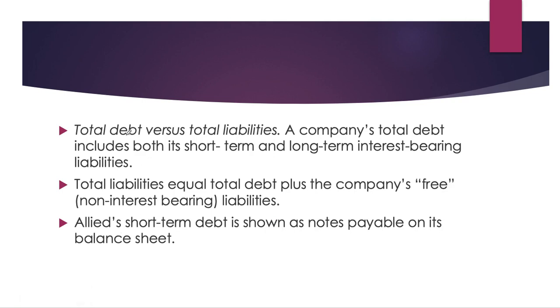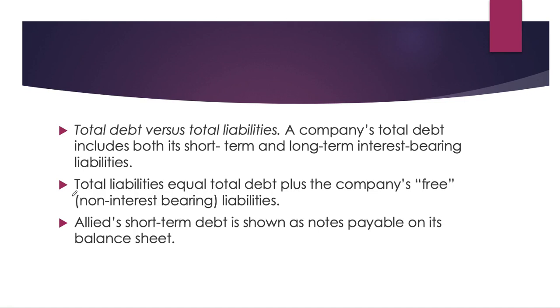Total debt versus total liabilities. A company's total debt includes both its short-term and long-term interest-bearing liabilities. So the total debt, as you see, will include both short-term and long-term. And total liabilities equal total debt plus the company's free liabilities.